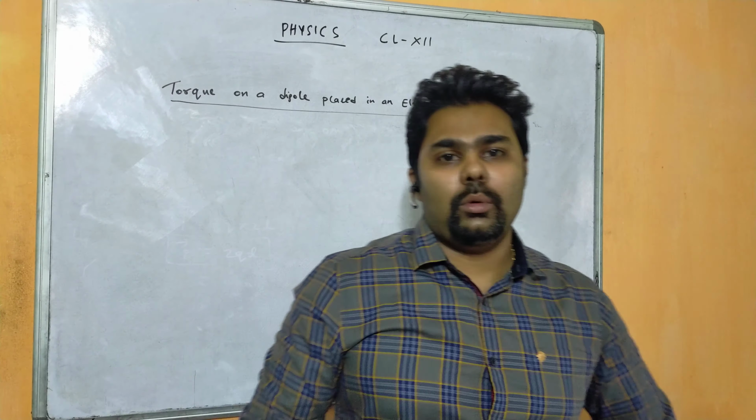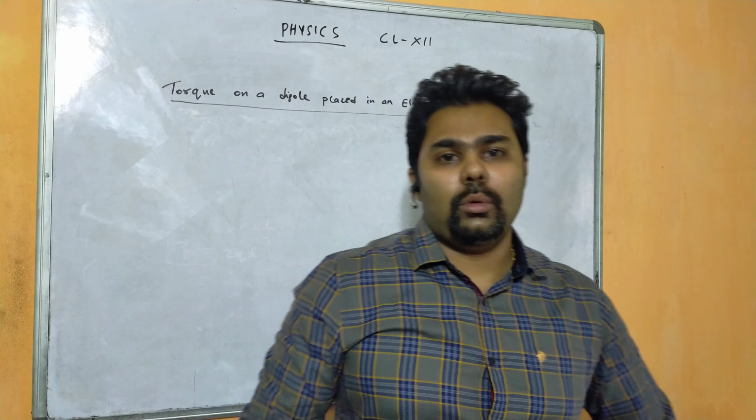So the surface integral is over the Gaussian surface, which means the Gaussian surface is the imaginary surface which surrounds the charge containing it. If it is a point charge, then the Gaussian surface is spherical in shape.